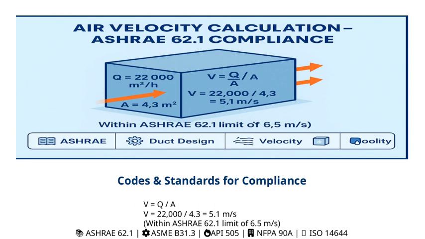For example, ASHRAE 62.1 focuses on ventilation and indoor air quality, while standards like ASME B31.3 and API 505 address piping and pressure vessel safety. ISO 14644 is key for cleanliness and contamination control in cleanroom environments.